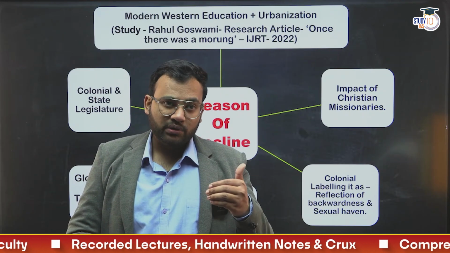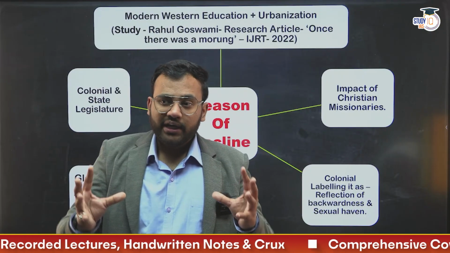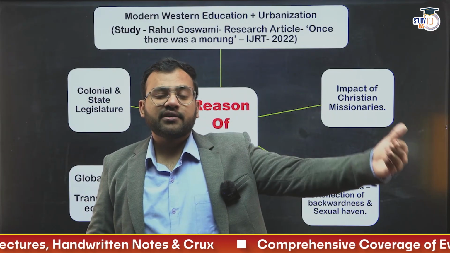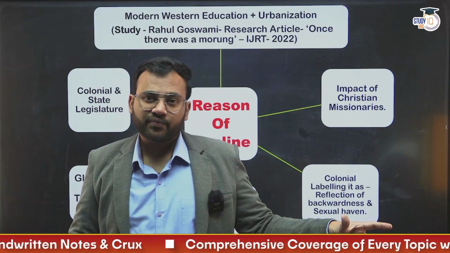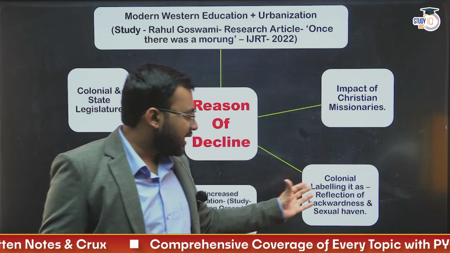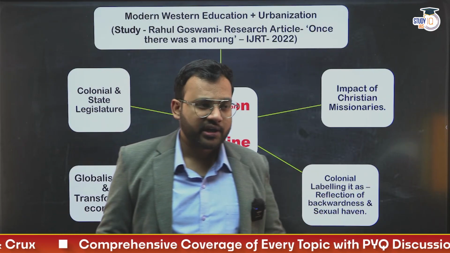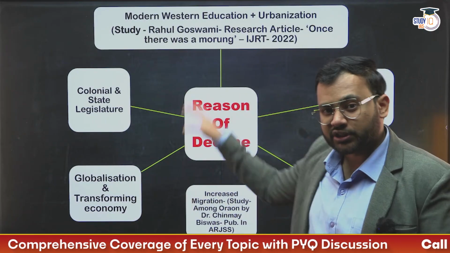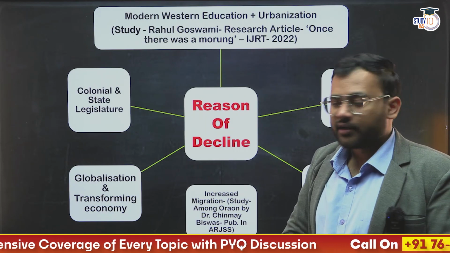So according to the colonial viewpoint, if these youth dormitories were not there and were replaced by Western educational institutions, the orthodoxy would also go away. So the colonial labeling of these youth dormitories as a reflection of backwardness and a sexual haven is also responsible for those actions which resulted in the decline of the youth dormitories in India.